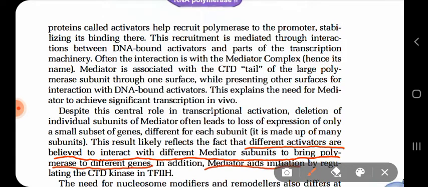Mediator also helps in initiation by regulating the kinase activity of TFIIH, so that they can regulate the phosphorylation state of the tail just after the initiation process.